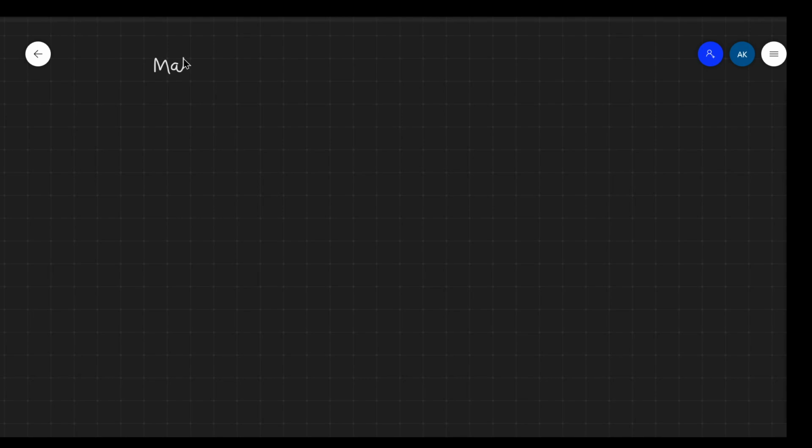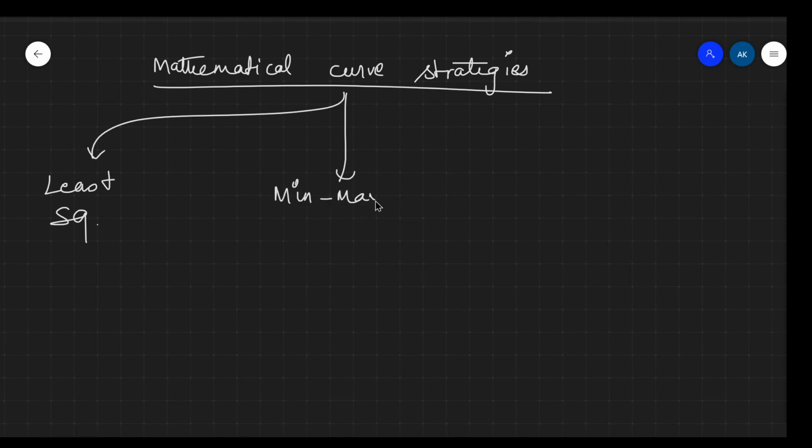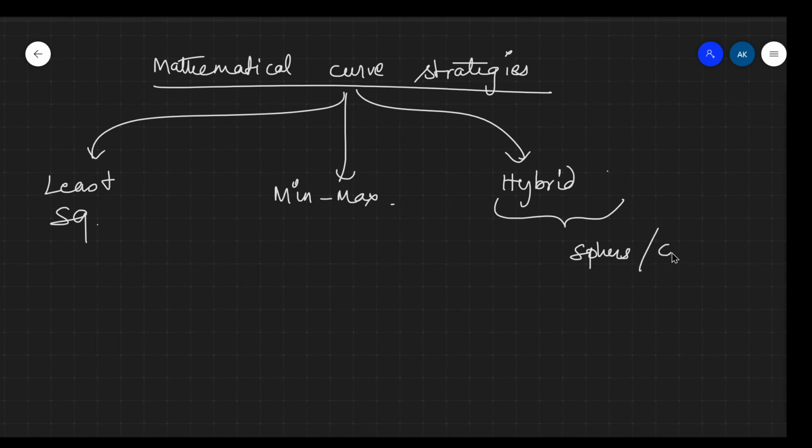So in mathematical curve strategies, we read about the least square method. Then we read about min-max, and then some hybrid. This hybrid was good for your spheres or cylinders.